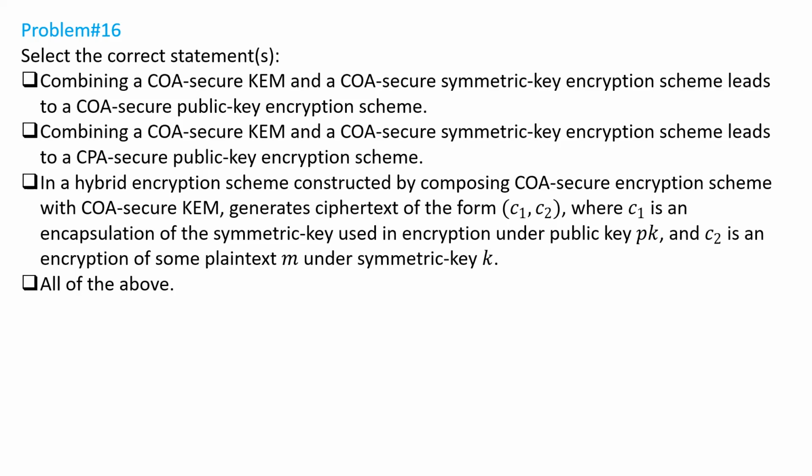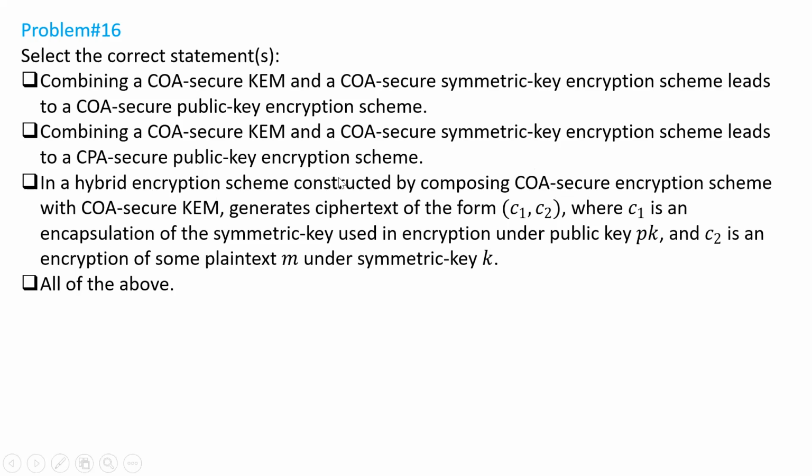Okay, so basically all of them are correct. This is clearly discussed in the lectures also: if you have two components, one COA secure key encapsulation mechanism and one COA secure symmetric key encryption scheme, then you compose them together in the way described in this third statement.